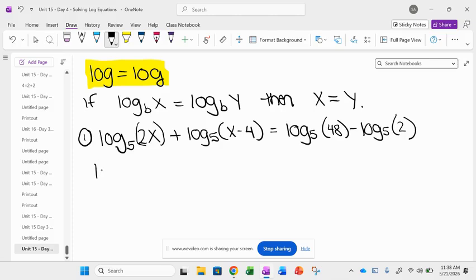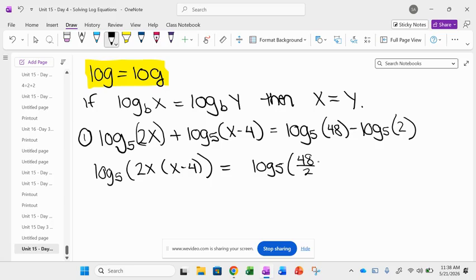So on the left side, I'm going to have log base 5. Since it's log addition, I'm now going to multiply them, of 2x times the quantity of x minus 4 equals log base 5 of 48 divided by 2. So now that I've got it down to 1 log on the left side and 1 log on the right side, I want to make sure they have the same base.